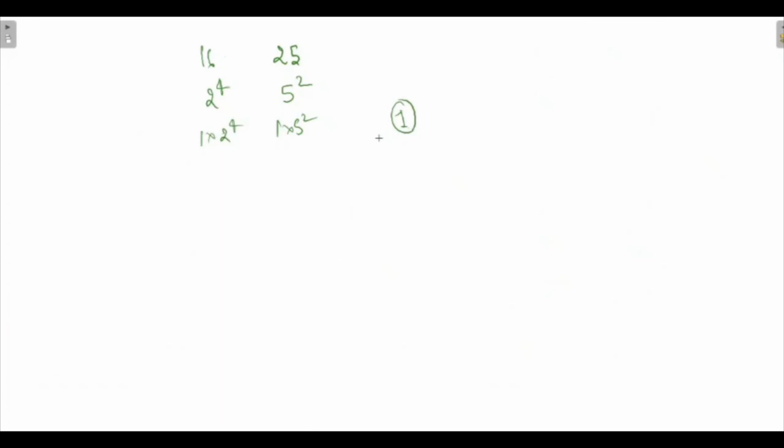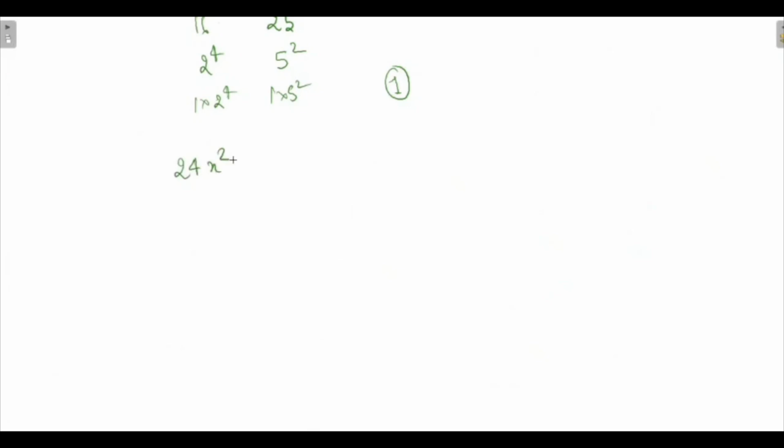Okay. If we are okay with this, let's go to the next concept, in the same thing. Now we are trying to get the highest common factor of polynomials. So we will be working with polynomials. Let's say I have a polynomial 24x square, and another polynomial I have got is, say, 28x.